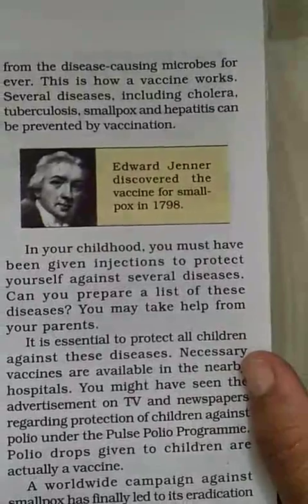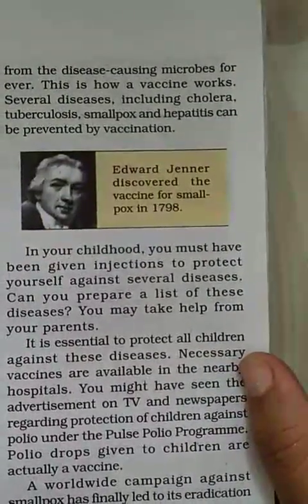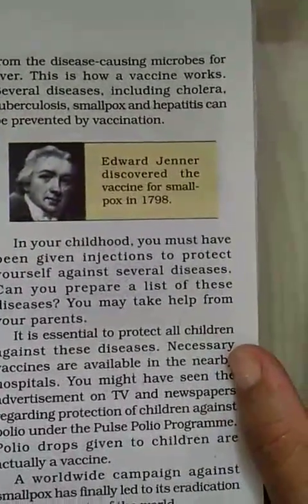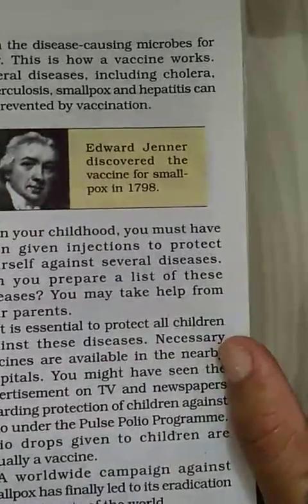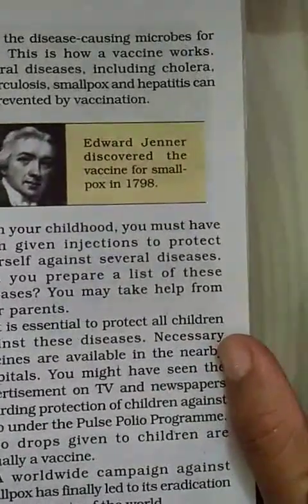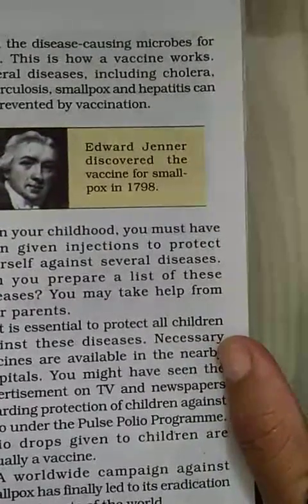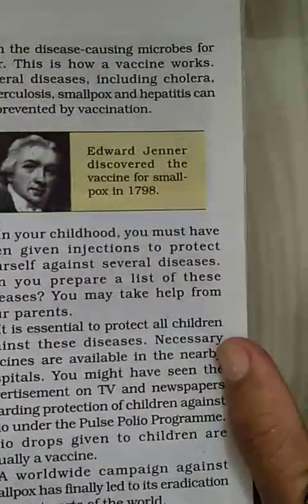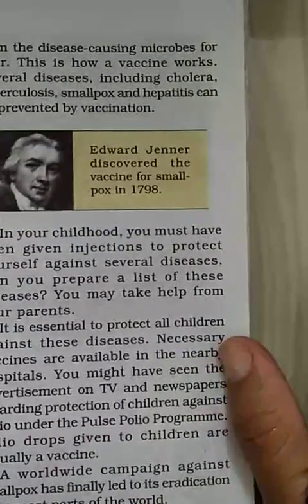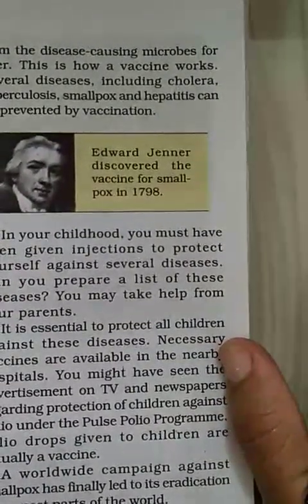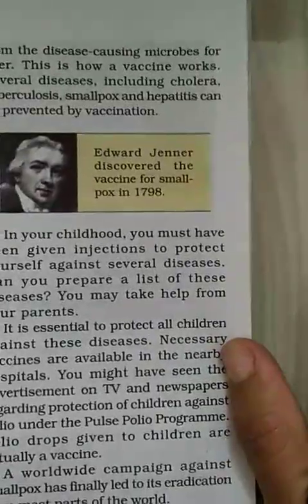To protect any child or person from diseases, some antibodies are given through injection, and that is known as a vaccine. Several diseases including cholera, tuberculosis, smallpox and hepatitis can be prevented by vaccination.